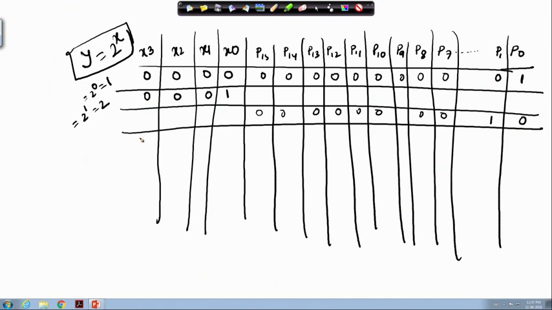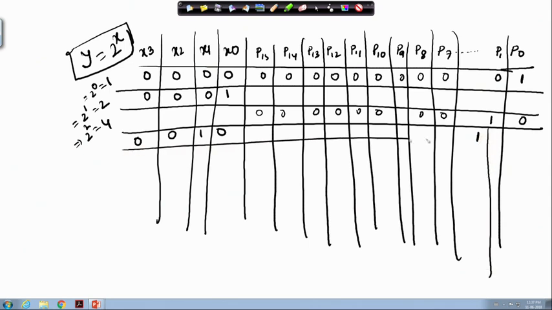Then for 0 0 1 0, x equals 2, so y is 4, and only the P2 position will be 1 and all other positions are zeros. Similarly, if x is 0 1 1 1, that is 7, then 2 to the power 7 equals 128, so P7 will be 1 and the rest will be 0.